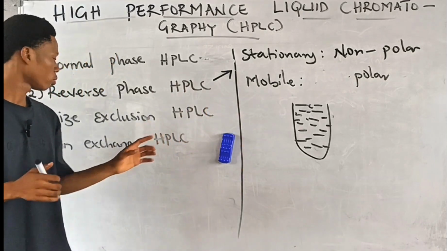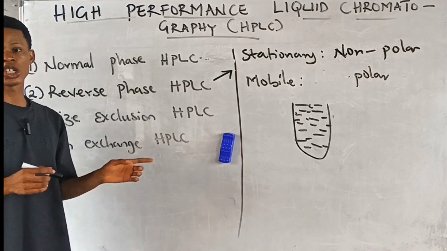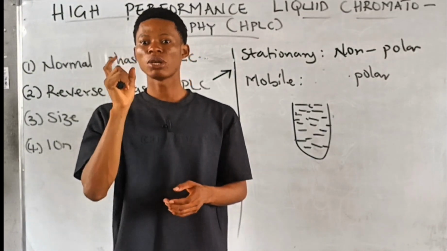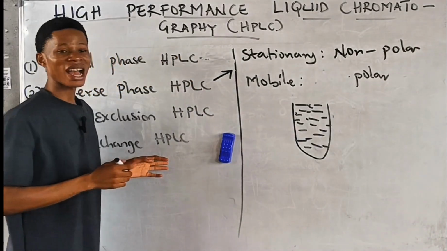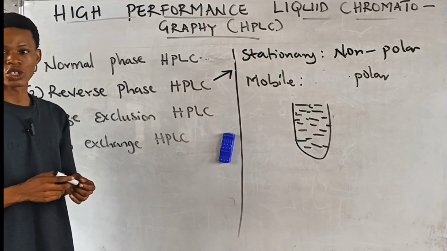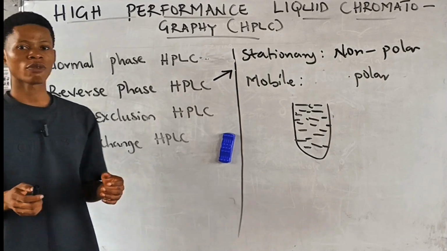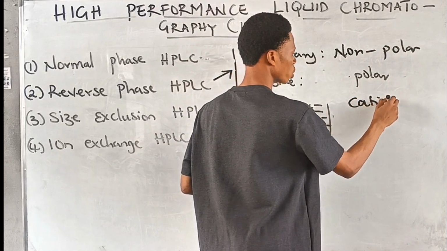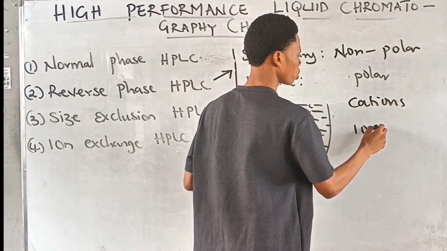Do you understand that? In ion exchange HPLC, you are separating the molecules based on what? Based on charge. When we talk about ions, we have cations and anions.